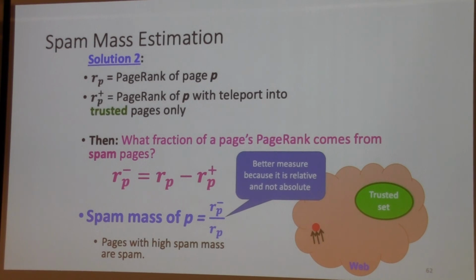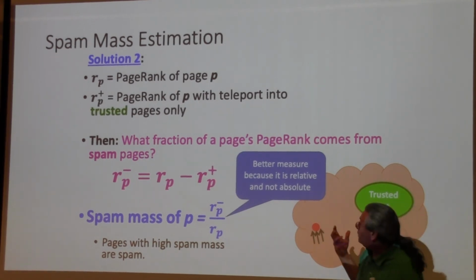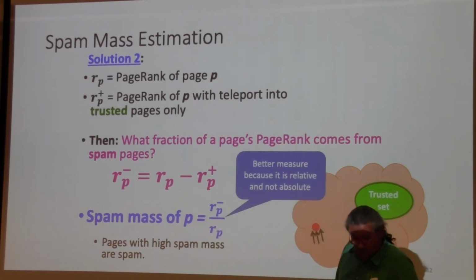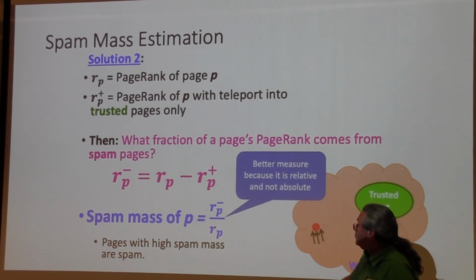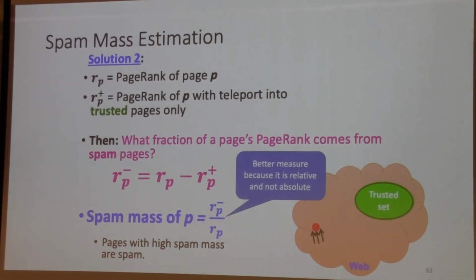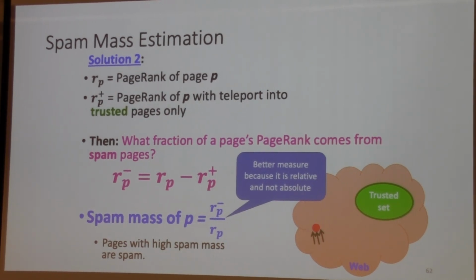So you calculate not just the PageRank of a page, but the spam mass of the pages. And pages with high spam mass are considered to be spam. So that's one way of getting around this link farm thing. That basically tells you how to cheat and how to defend yourself against cheaters.